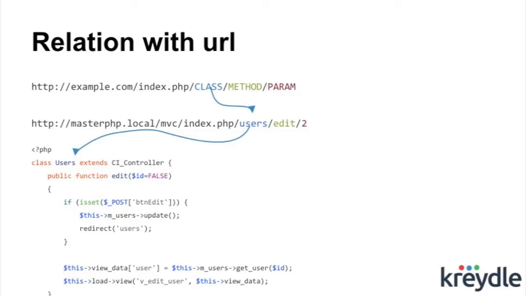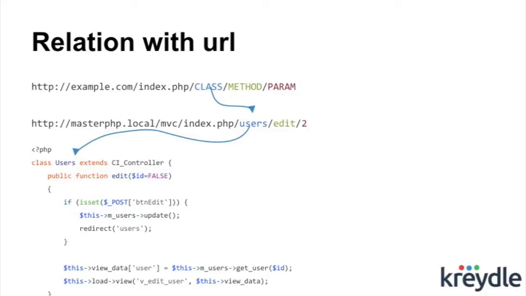section here is class. So if we compare to our controller, for this class we use users. This users is exactly the same as this controller name. So it means our controller name is part of the URL structure.